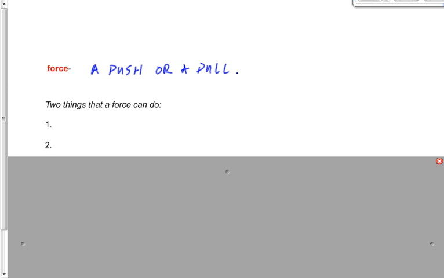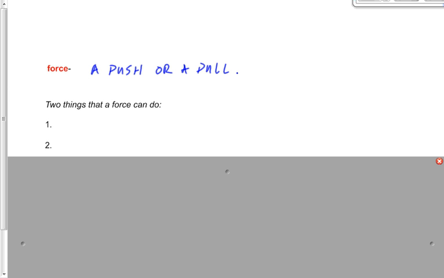We're not going to go back to the definition of a push or a pull, because that's actually not the effect, right? That is the force. The push is the force. The pull is the force. The effect of a force isn't the push. What's the effect of the force? What's the effect of a push?